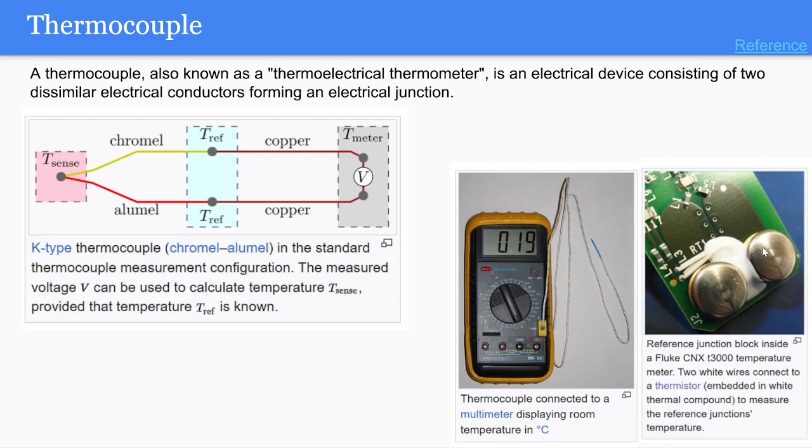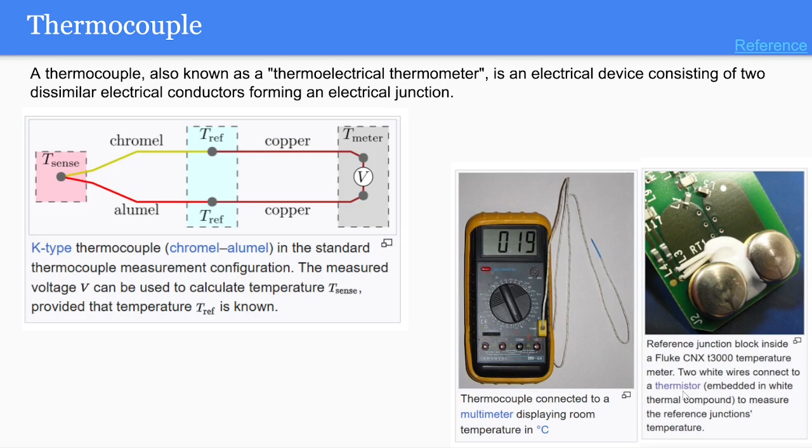So again, that's a good example of how these are used in different devices. But this is not a thermocouple, this is a thermistor.